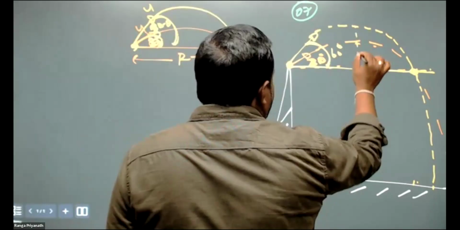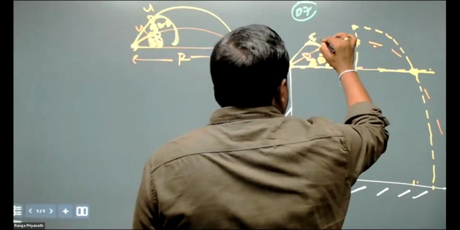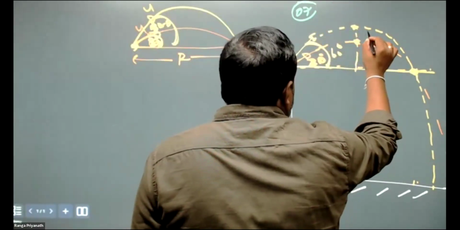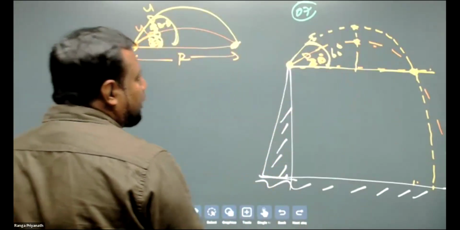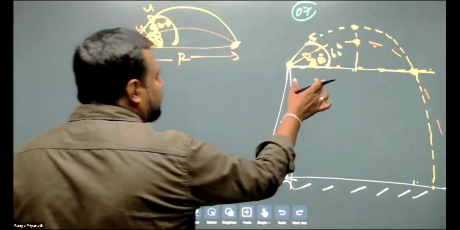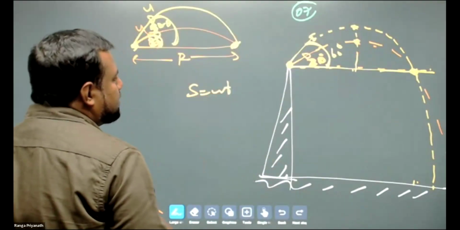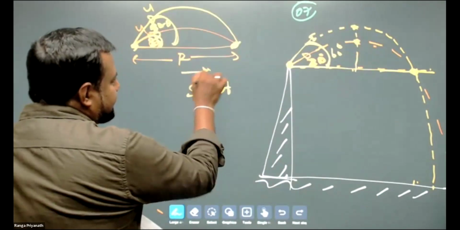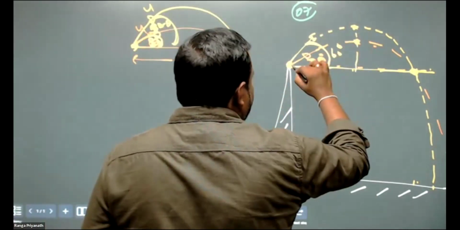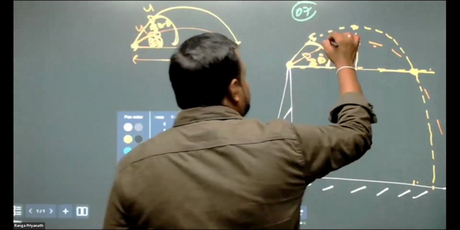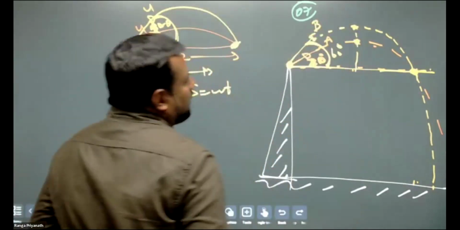Considering the horizontal motion, their horizontal displacements are the same, s equals ut horizontally. I will call this object A and this object B to explain it easily.